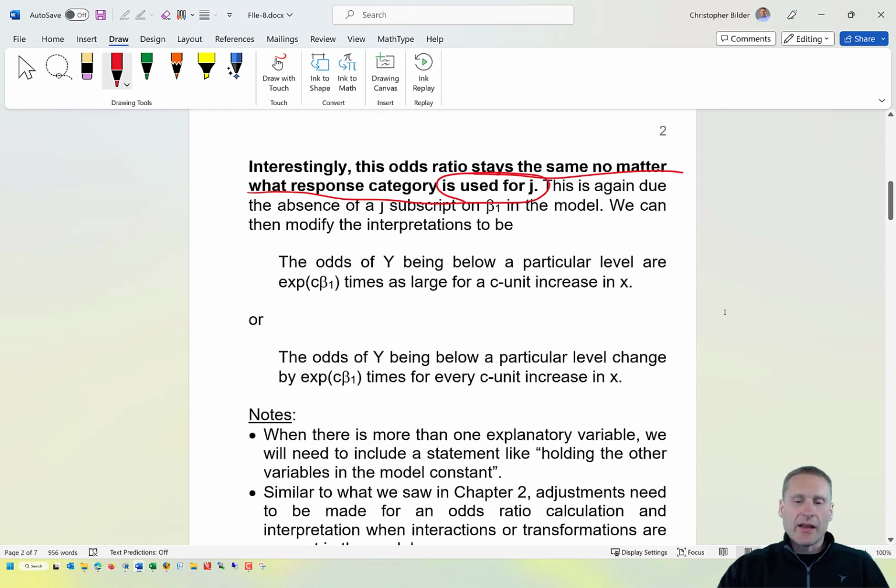And because of that, we can come up with the following interpretation, which is a little easier because you don't need to specify the particular value of j. We can say, for example, the odds of y being below a particular level are the exponential function evaluated at c times beta 1 times as large for a c unit increase in x.